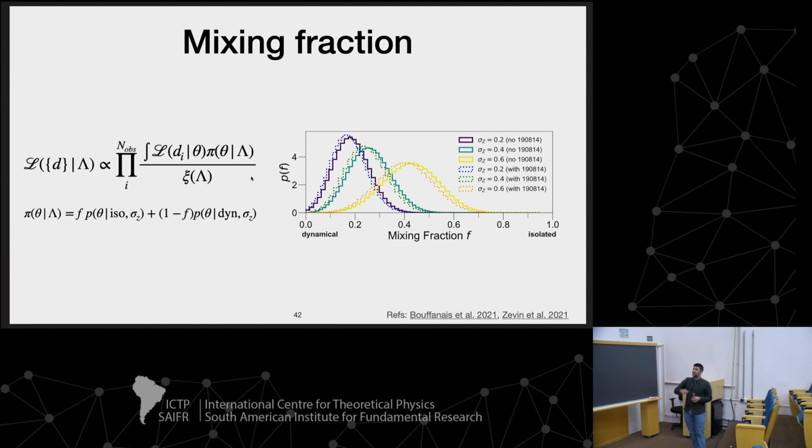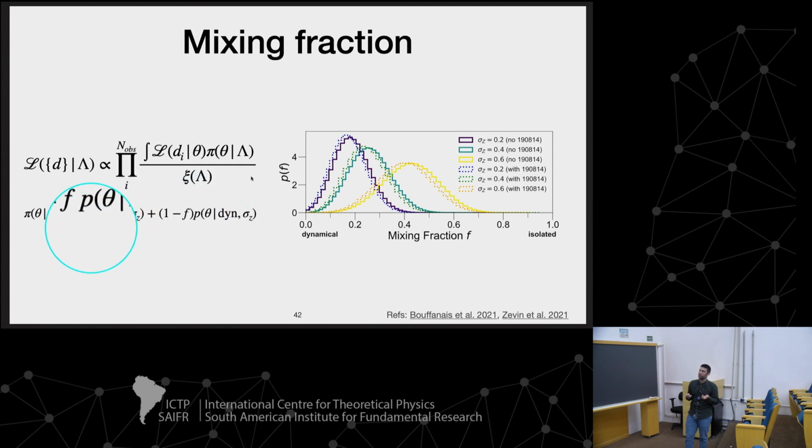To evaluate a mixing fraction, and now I'm trying to close a circle, you use exactly the same likelihood that I showed you before, where one of your parameters lambda is the mixing fraction. So the astrophysical population that you're modeling is simply the sum of the astrophysical population coming from the isolated formation channel and the astrophysical population coming from the dynamical formation channel.